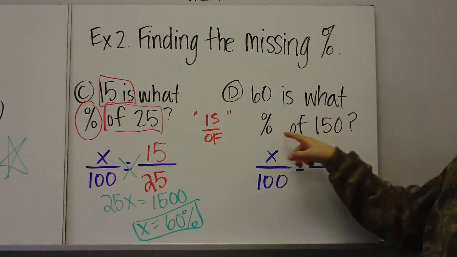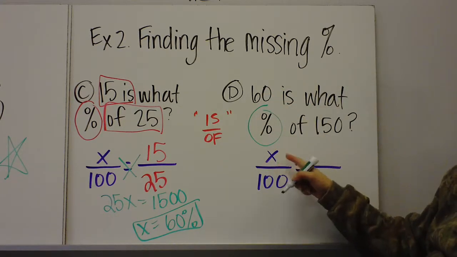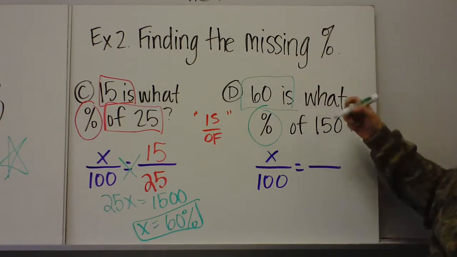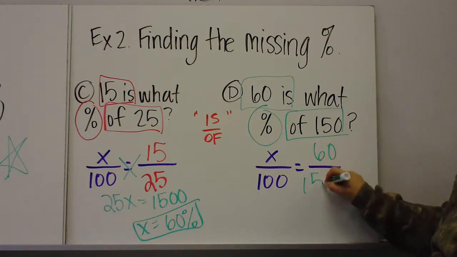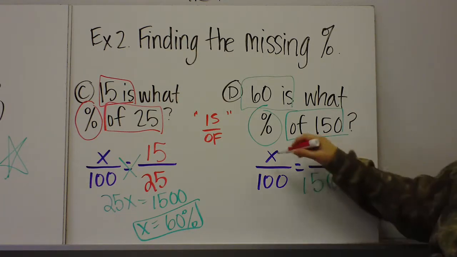60 is what percent of 150? Again, I'm looking for my percent, so I'll start with x over 100. 60 is goes on top, of 150 goes on bottom. We cross multiply.